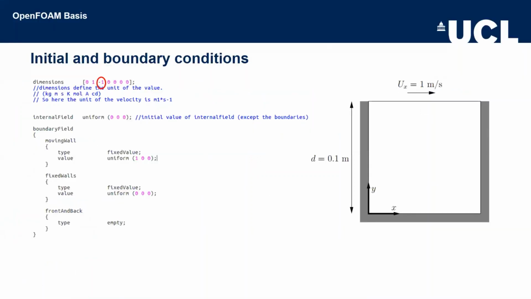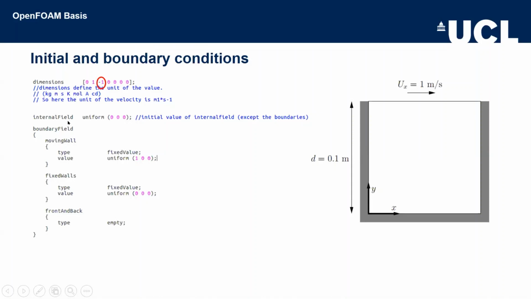In the code, dimensions here define the unit of the variables. Therefore, the unit of velocity is meter times second to the power of minus 1, which means that the unit of velocity is meter per second.